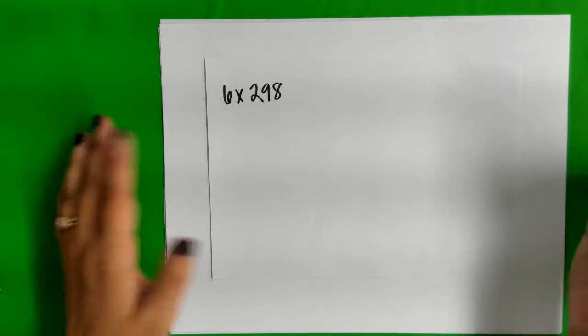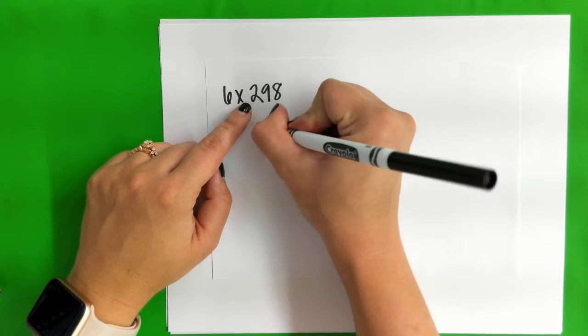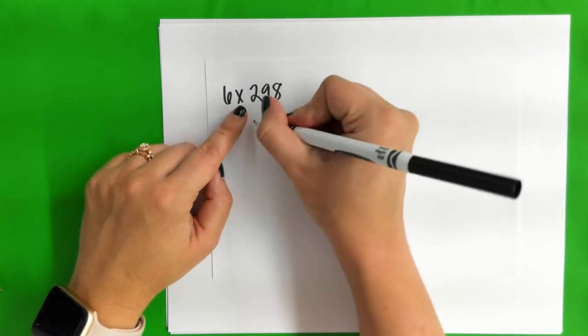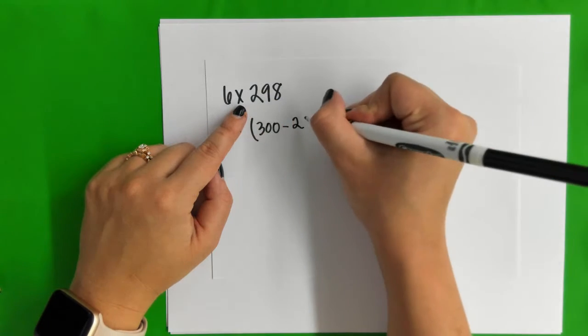Going to do another problem very similar to that. I can look at this and I can round it up to 300. And we can say that 298 is 300 minus 2.